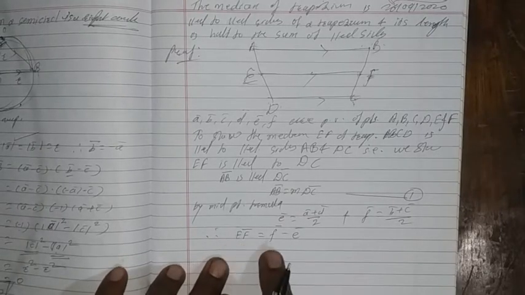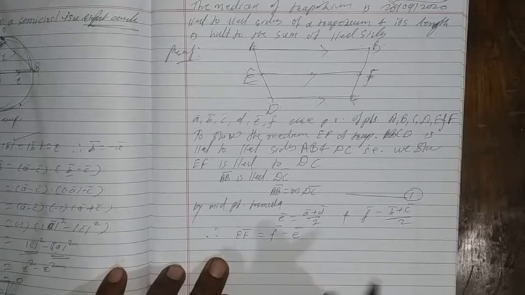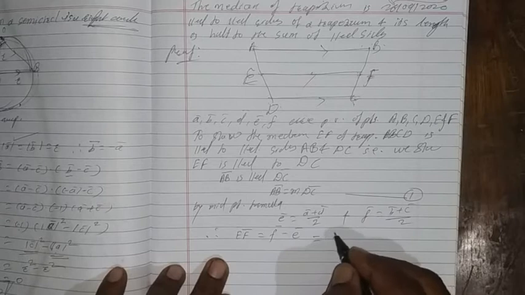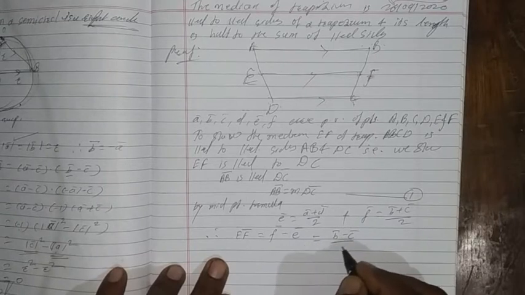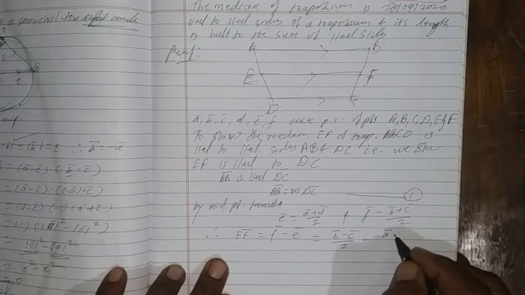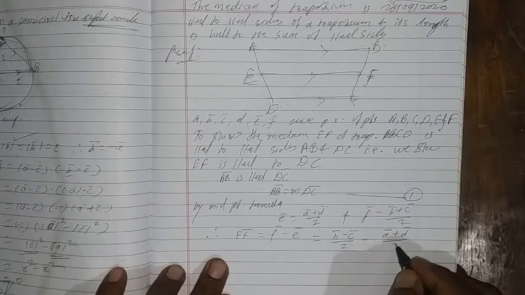Vector EF is equal to vector F minus vector E. We put the values: F is (B plus C) divided by 2 minus E, (A plus D) divided by 2.